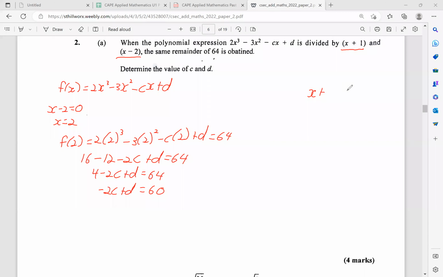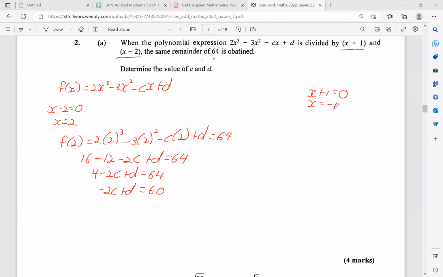X plus 1 equals to 0, x is minus 1. So now I'll do f of minus 1 is 2 by minus 1 cubed minus 3 by minus 1 squared minus c by minus 1 plus d. And again, that's equal to 64. Now, some questions would give you a different remainder. Some questions would say a factor.